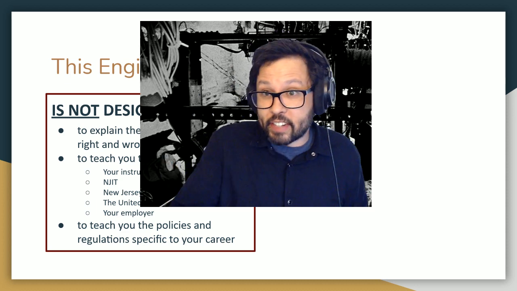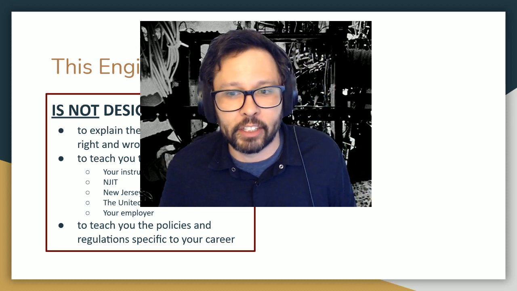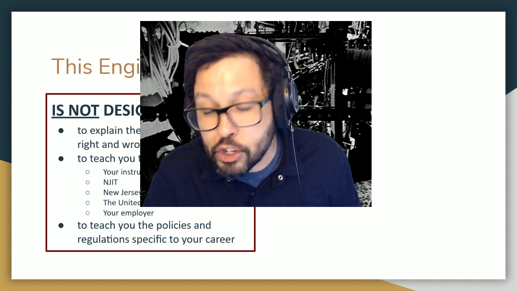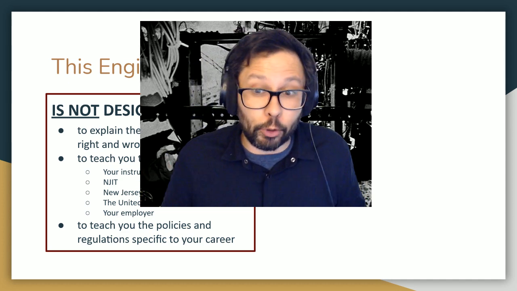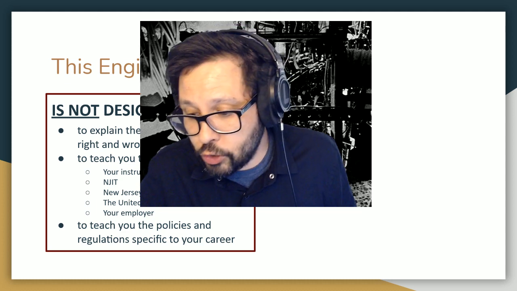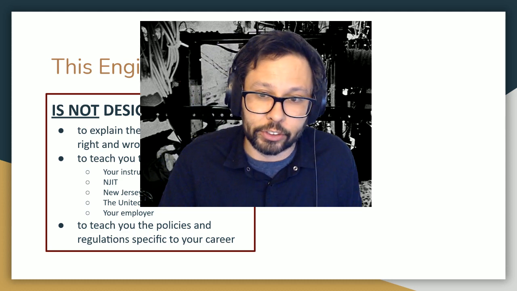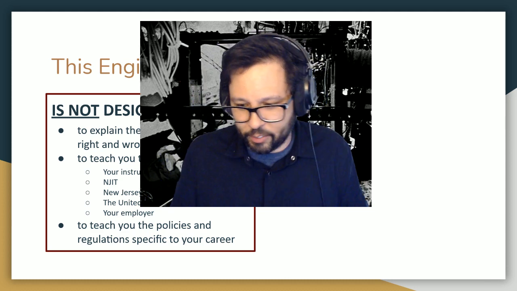Part of what that means is that some of you will have professional experience relevant to the discussions that we're having that you can bring into the discussions and maybe even inform me a little bit more about how engineering practice actually works. You all might have more experience at job sites where these ethical issues arise.